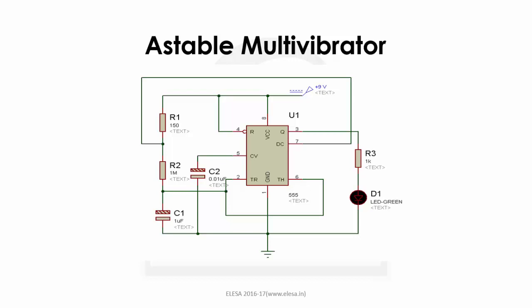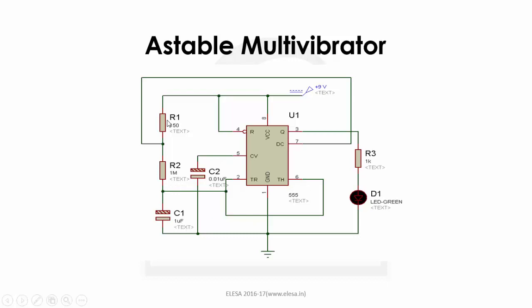So this is the circuit diagram for the astable multivibrator. Here you can see that pins number 2 and 6 are shorted to the capacitor, and there are two resistors R1 and R2. R1 is 150 ohm and R2 is 1 mega ohm, and C1 is 1 microfarad.